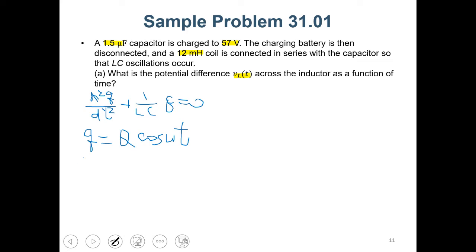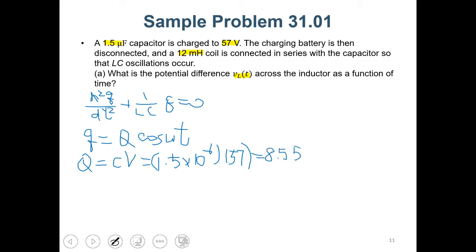In this case, we should calculate that Q is CV. So C is 1.5 times 10 to the minus 6, and V is 57 volts. So Q is 8.55 times 10 to the minus 5 coulomb.